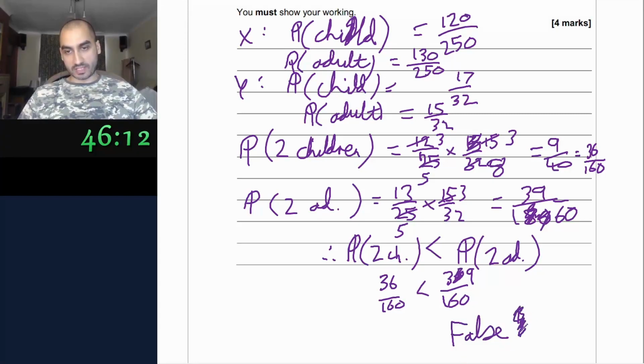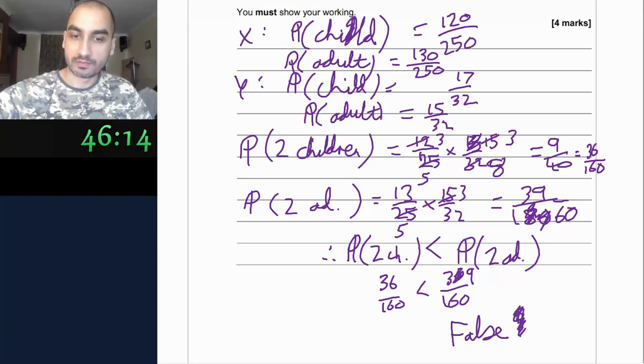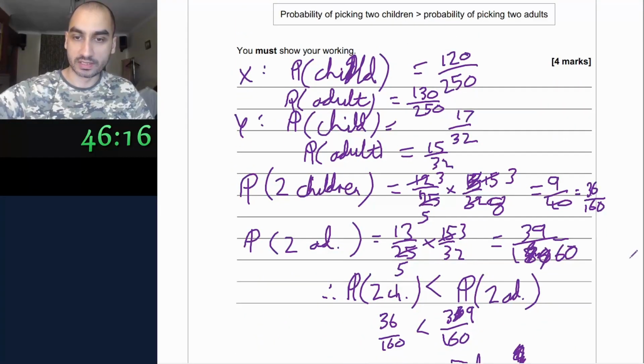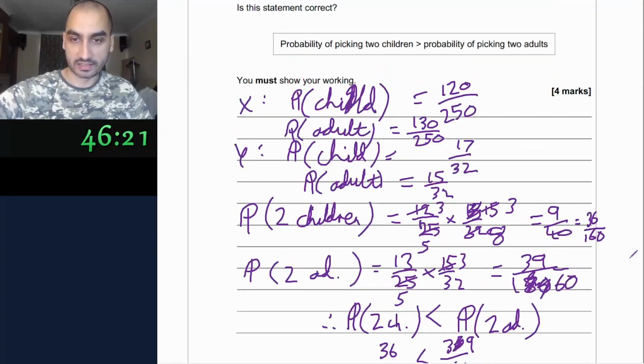Don't put the exclamation mark, we're not that excited. Alright, false, because the probability of 2 children is 36 out of 160, and the probability of 2 adults is 39 out of 160.